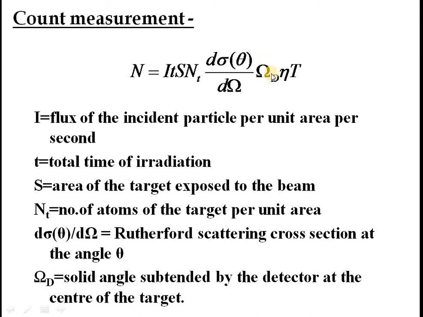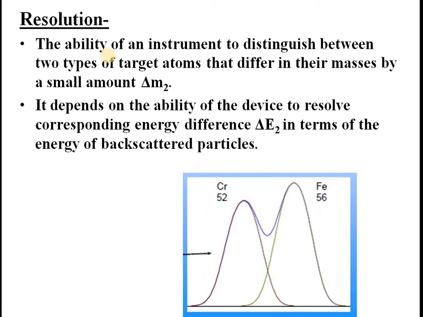This is a three-dimensional quantity measured in steradian, and eta is the detector efficiency, and T is called a correction factor, because not all particles falling on the detector can be measured. Some will be lost. That loss is accounted for with a T here. So this is the equation used for absolute measurement.